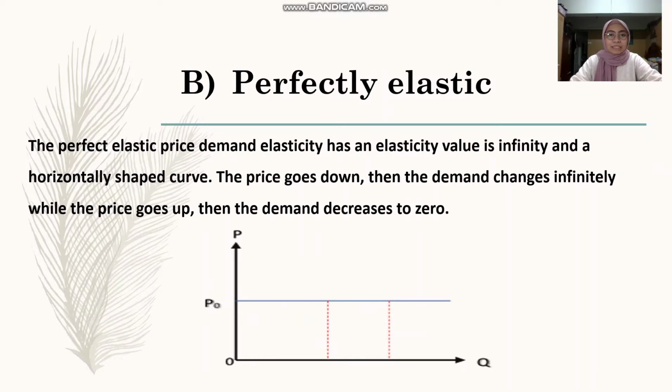The second one is perfectly elastic. The perfectly elastic price demand elasticity has an elasticity value of infinity and a horizontally shaped curve. The price goes down, then the demand changes infinitely, while if the price goes up, then the demand decreases to zero.